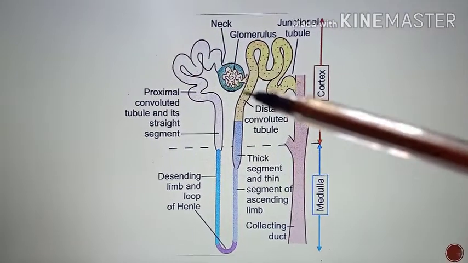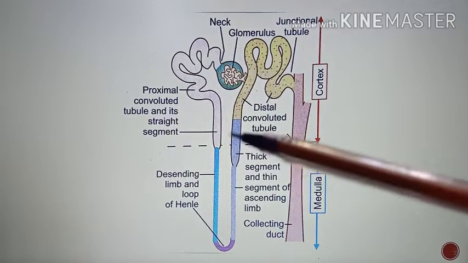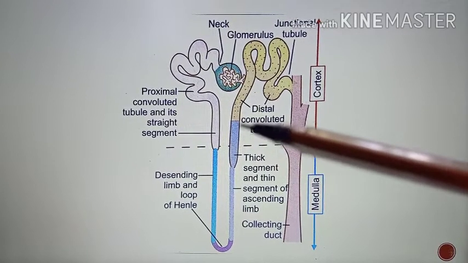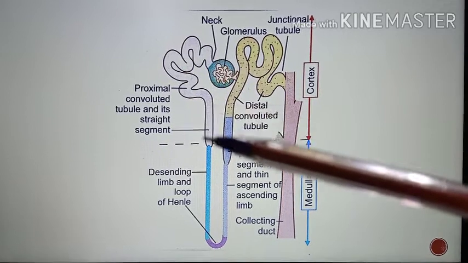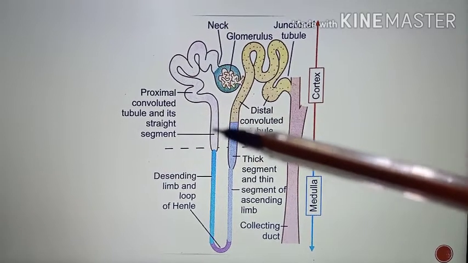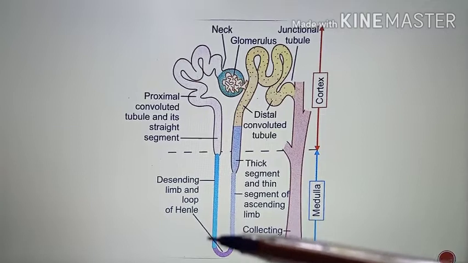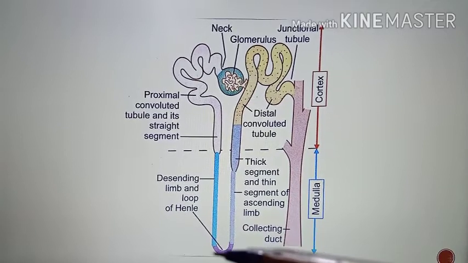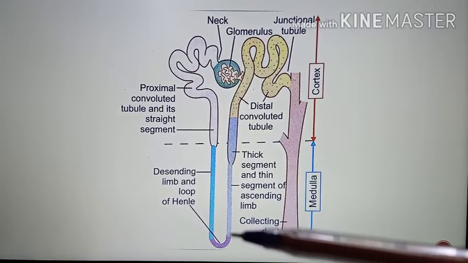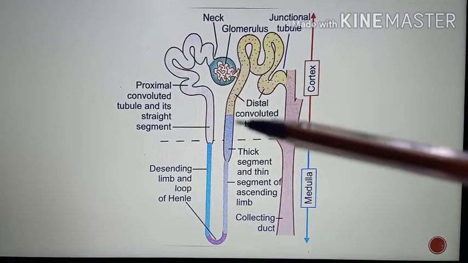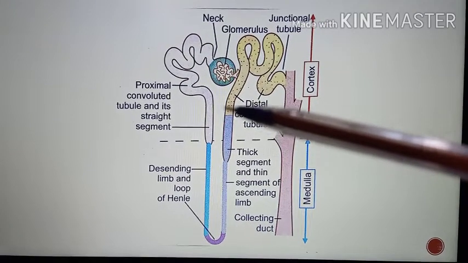So it is having both the descending limb as well as the ascending limb. The descending limb begins as a continuation of the proximal convoluted tubule and ends at the bend of the loop. The ascending limb begins at the bend of the loop and ends in the distal convoluted tubule.